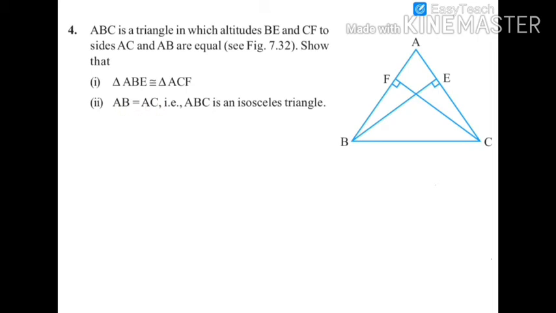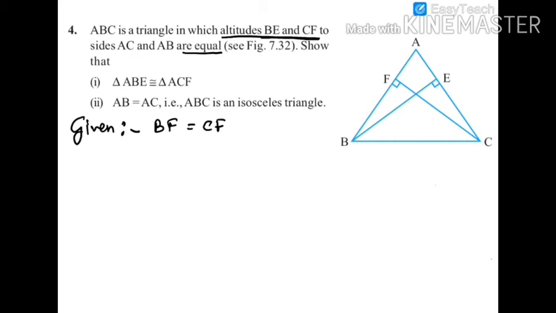That is, we have to show that triangle ABC is an isosceles triangle. What is given in the question? Altitudes BE and CF to the sides AC and AB are equal. This means that BE equal to CF. This question is exactly converse of question number 3.